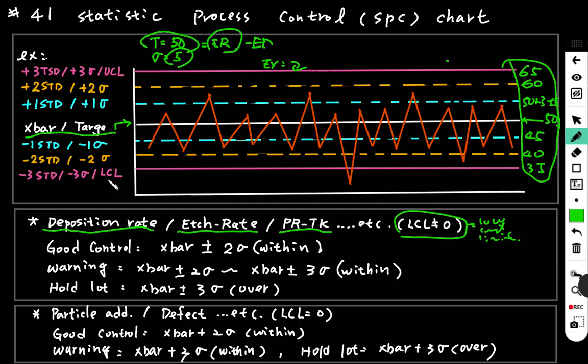The minus 3 sigma we call the low control limit line, and the positive 3 sigma is the up control limit line. For deposition rate and etching rate, the low control limit line normally will not equal 0.